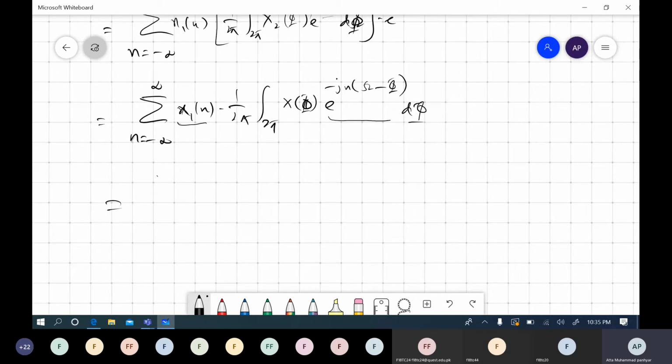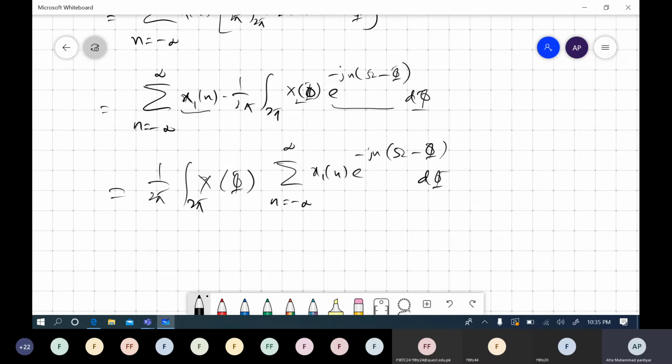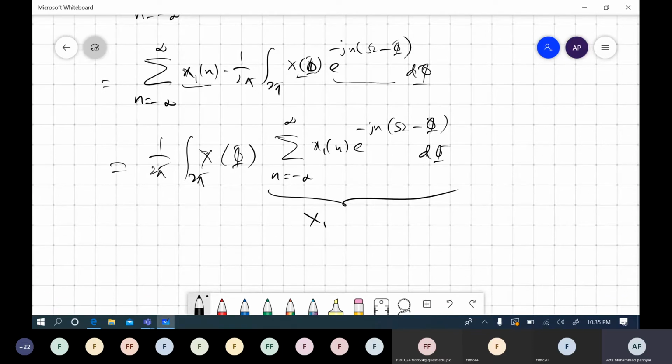So if we interchange the integral and summation, I write 1 over 2 pi X2 of phi and then the summation over n from minus infinity to infinity of x1 of n e to the power minus j n (omega minus phi) d phi, right? Isn't it equal to X1 of omega minus phi?